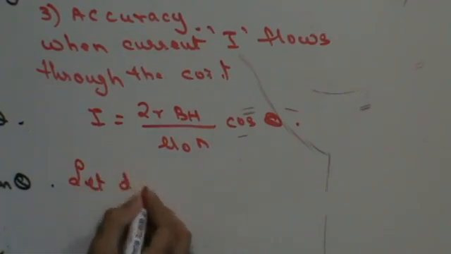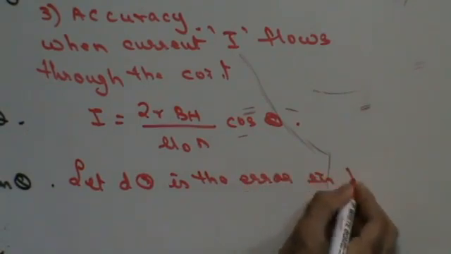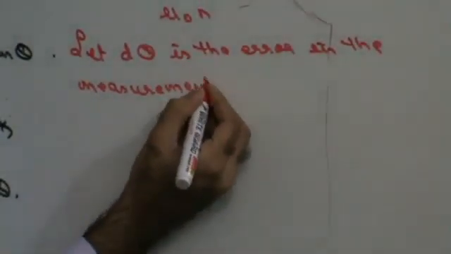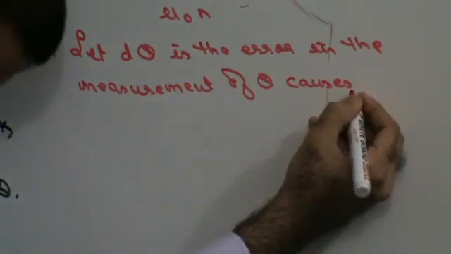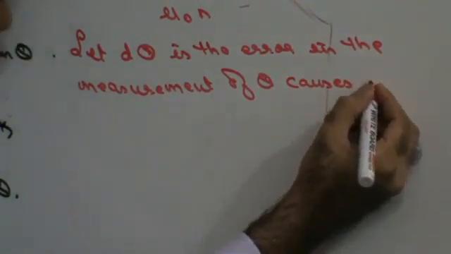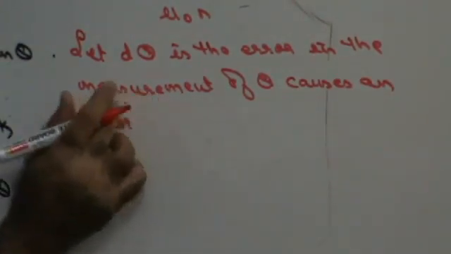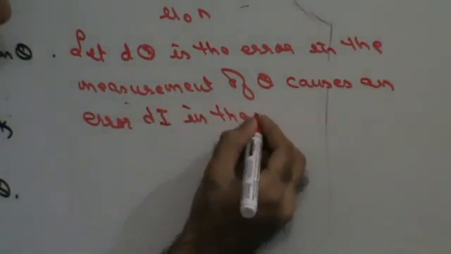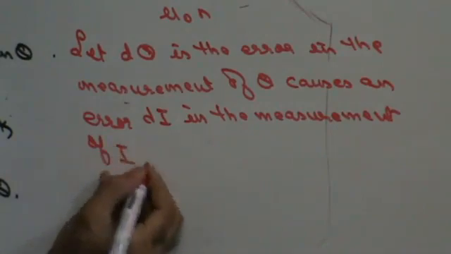Let us assume that d theta causes an error di in the measurement of current. Right?